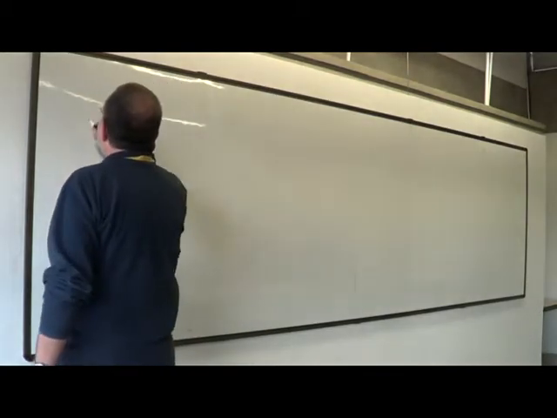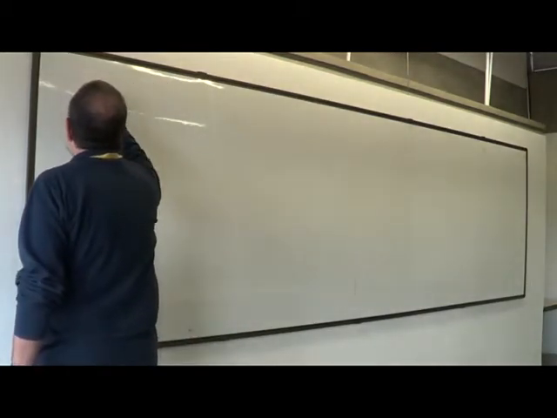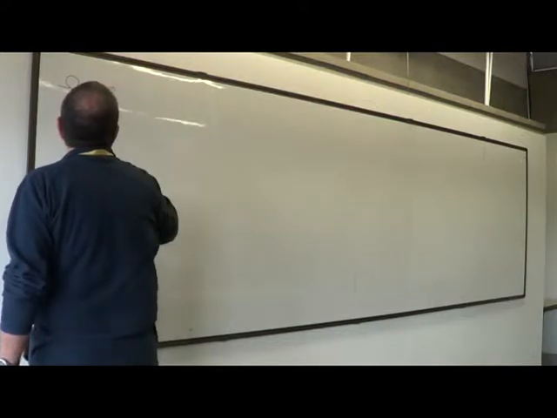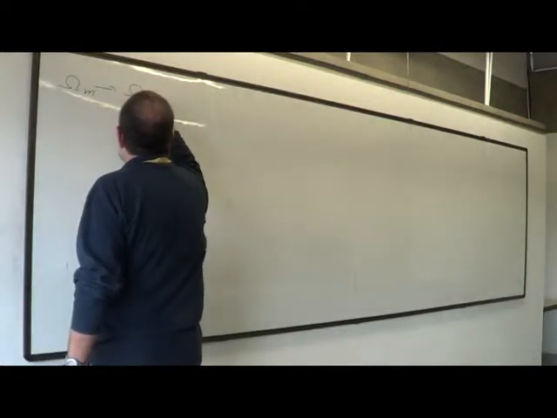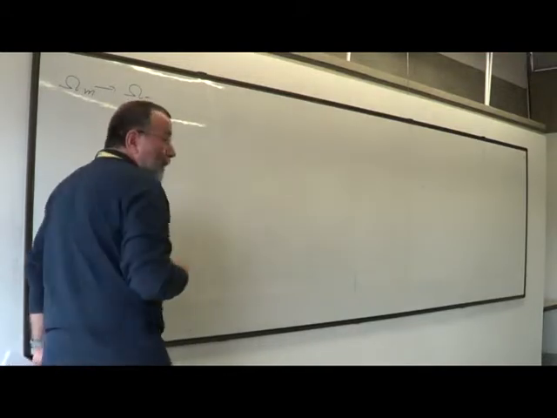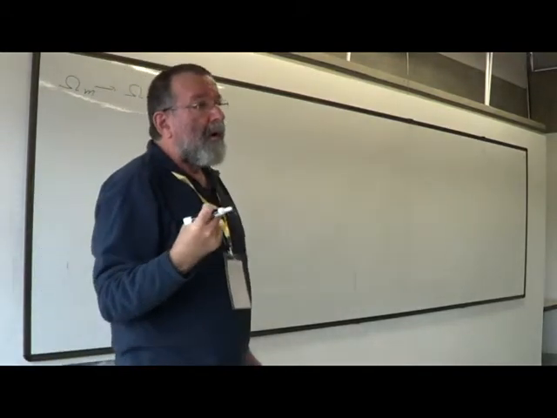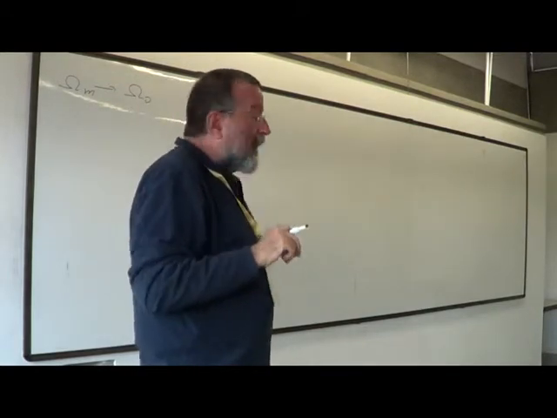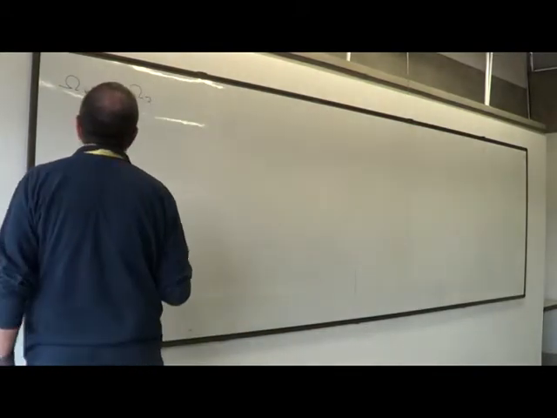So the omega matter that we had before, we are going to replace it by omega naught. So when I'm writing omega naught from now on, it's not the total omega, it's the omega that corresponds to the cold matter, I'm sorry.